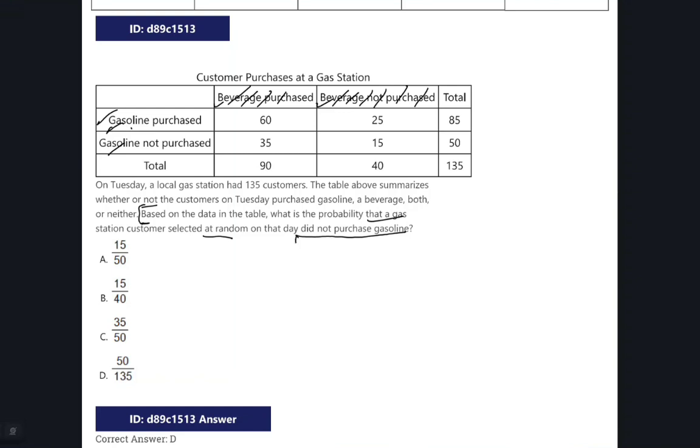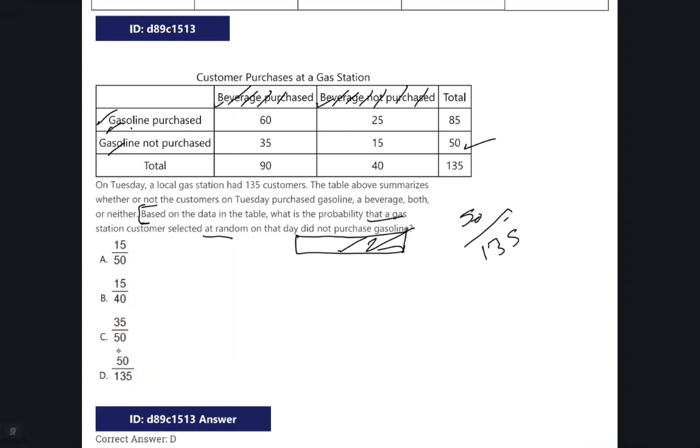So we need the customer who didn't purchase gasoline. The total number of customers who didn't purchase gasoline is 50. So this is the desired outcome out of the total number, which is 135. So we have 50 out of 135.